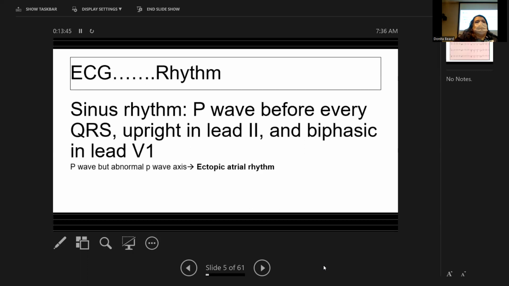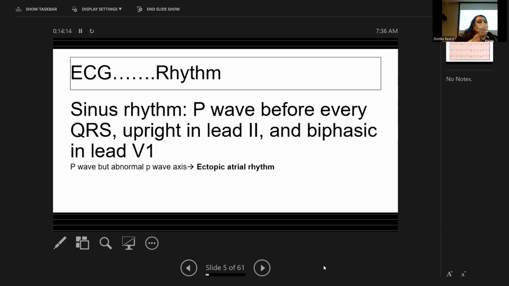When you're looking at the QRS to determine the rhythm, you're always looking at the P wave. There are 2 leads that are the most important, which are lead 2 and V1. If it is normal sinus rhythm, the P wave will be upright and positive in lead 2, and it'll be biphasic, or have at least some upward and downward projection in V1.